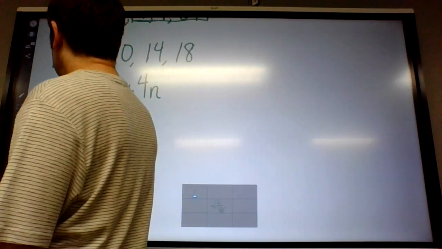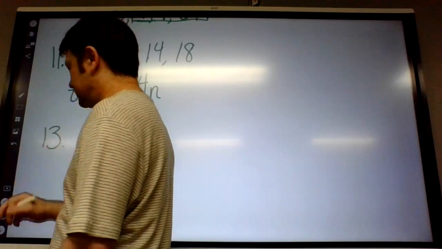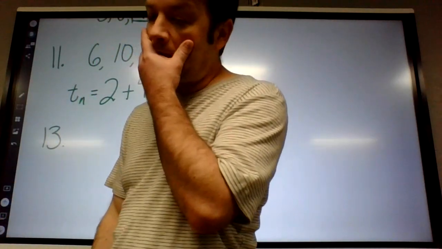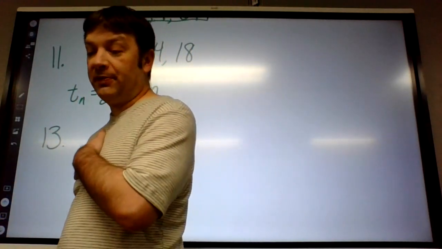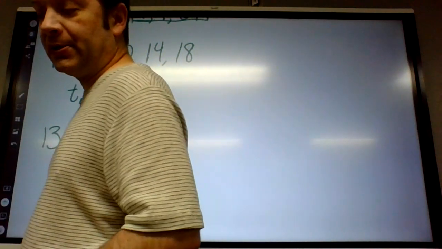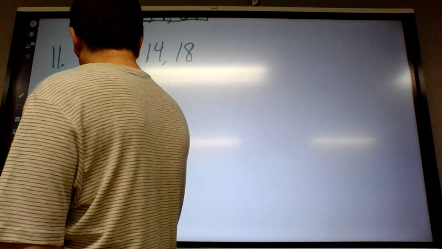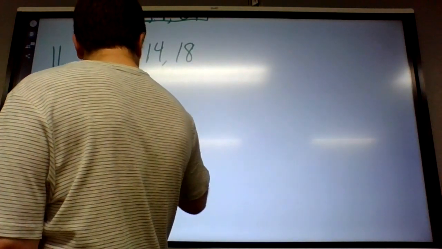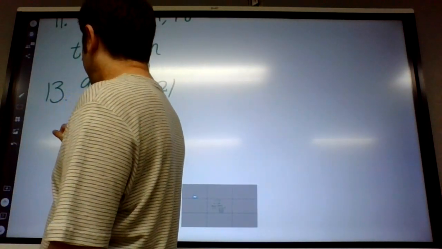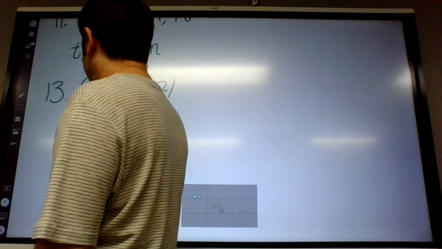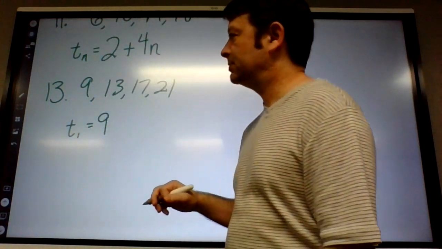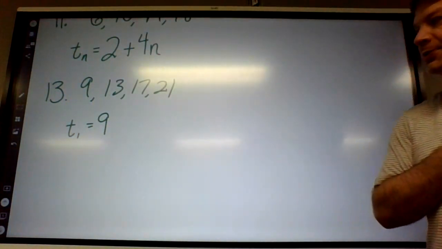Anyways, 13. Okay, same thing. We're getting recursive definitions. 9, 13, 17, 21. Oh, I guess we're going the other way. Okay, so with recursive, you always define the first term, at least the first term, sometimes the first 2 terms.